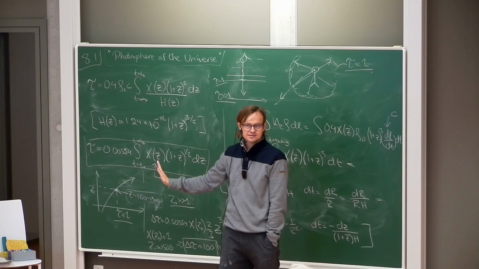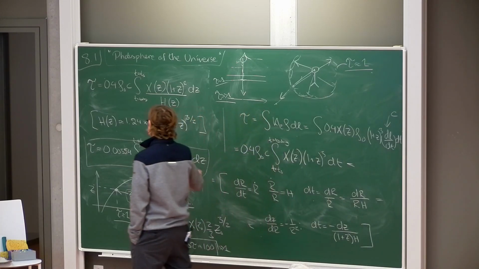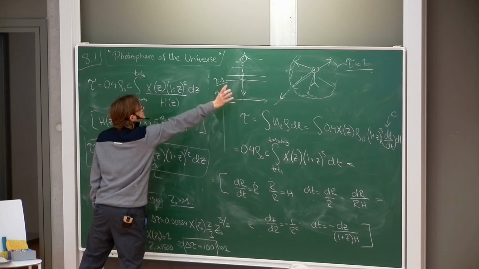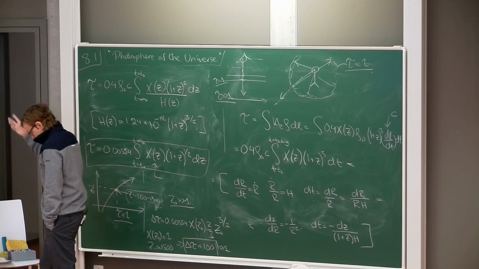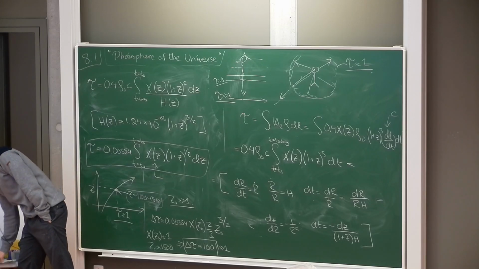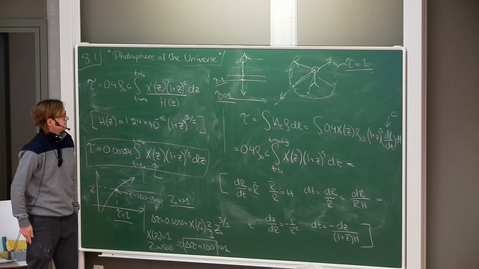We don't see it. And that's the essence of the analogy between this and that, and also, of course, why I call this a calculation of the photosphere of the universe.